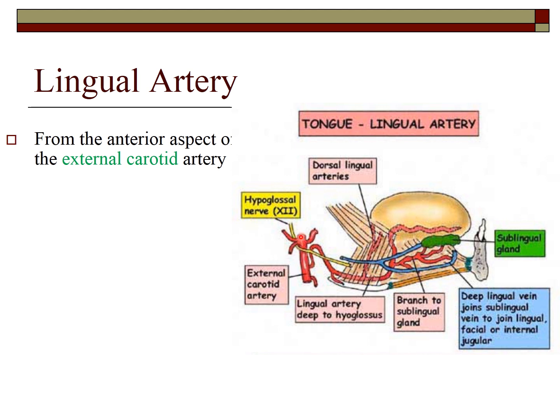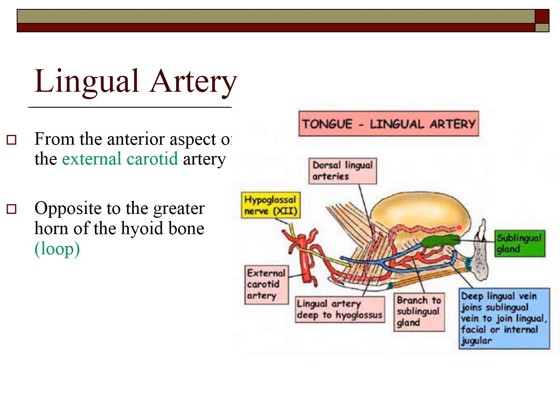This is the external carotid. This is the lingual artery here. It makes a loop opposite the hyoid bone, opposite the greater horn of the hyoid bone. Then it passes deep to the hyoglossus muscle, and after the hyoglossus muscle it passes upwards, forwards till the tip of the tongue.